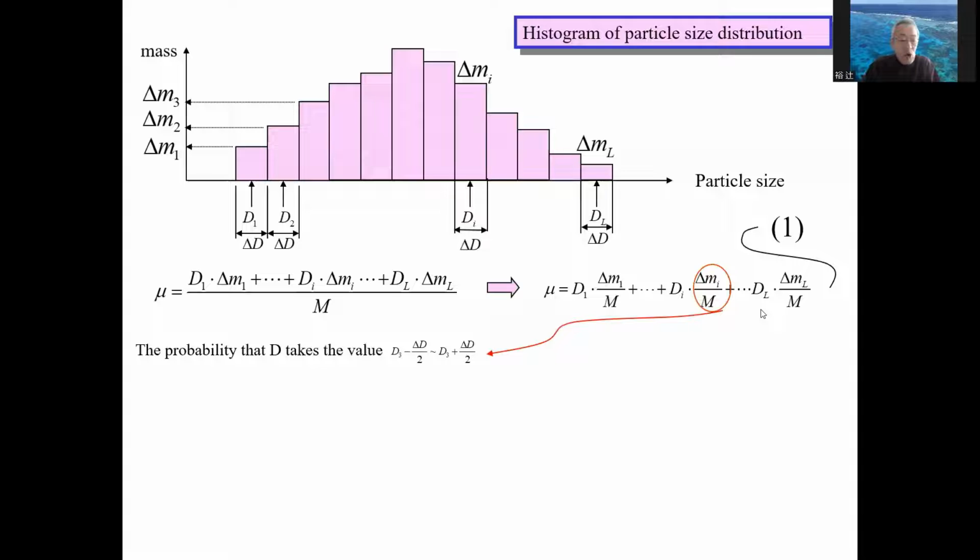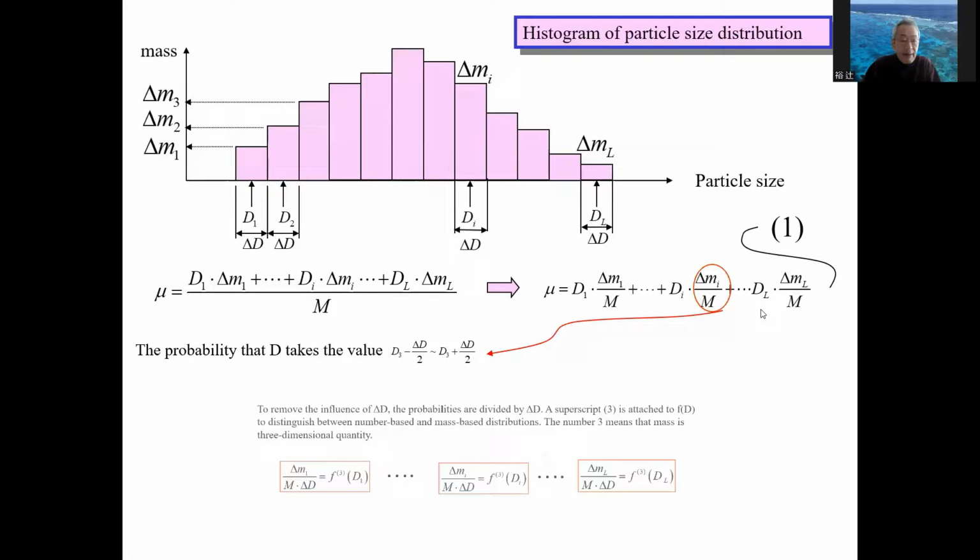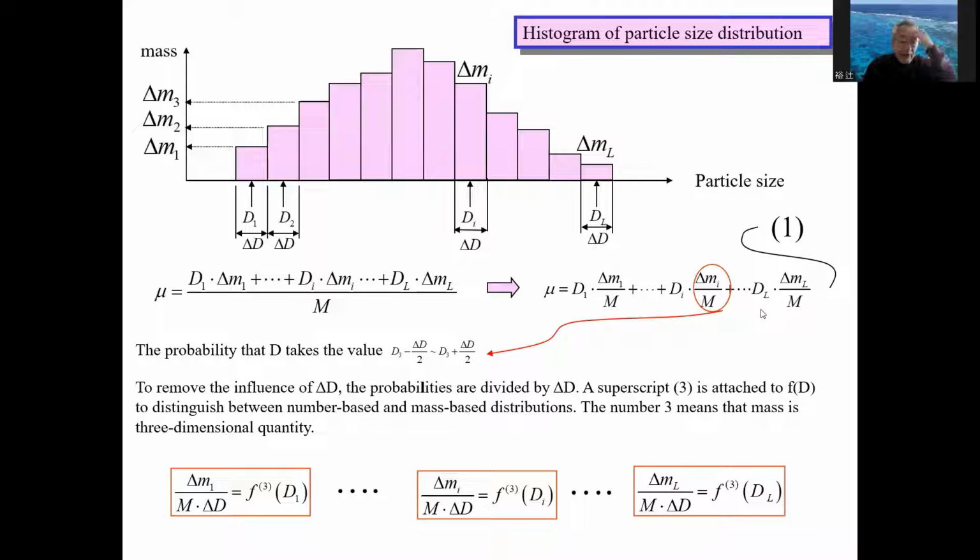Delta mi over m is the probability that the particle size d takes a value from di minus half delta d to di plus half delta d. The numerical value of probability depends on the value of delta d.